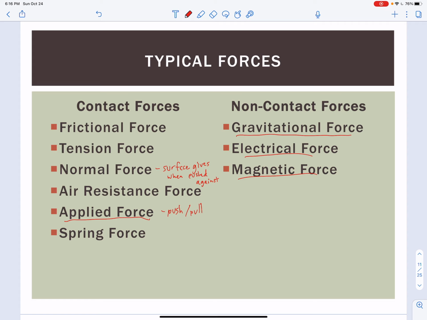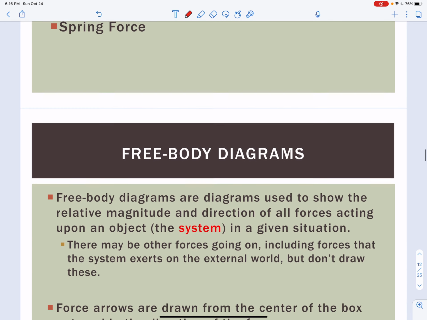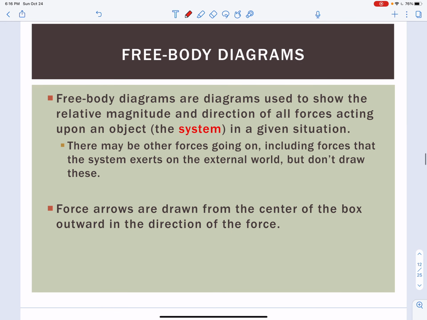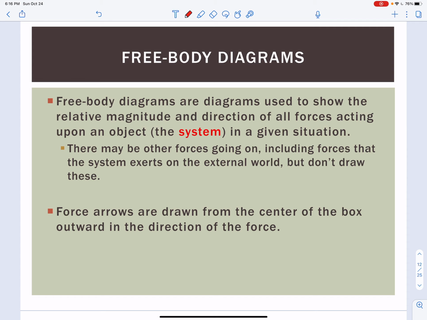Tension would be anytime you have a rope or a string that you're pulling with. And friction, of course, is when you try to move something across a surface. Friction is what slows you down. It's the slowing force as you have motion across a surface. So those are your typical ones. Yes, there are some other instances, but those are the ones that you're mostly going to see.